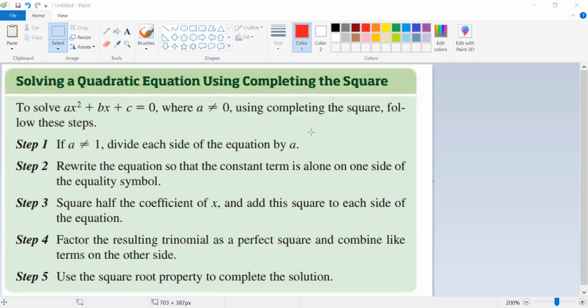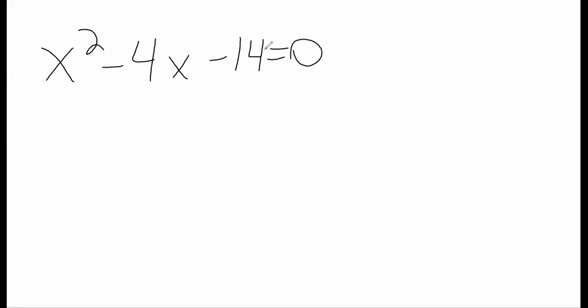But let's go through it together. Let's work an actual completing the square problem. So let's try x squared minus 4x minus 14 equals 0. Now for completing the square, if you're factoring, then that thing's already set up for you to factor if it could be factored.